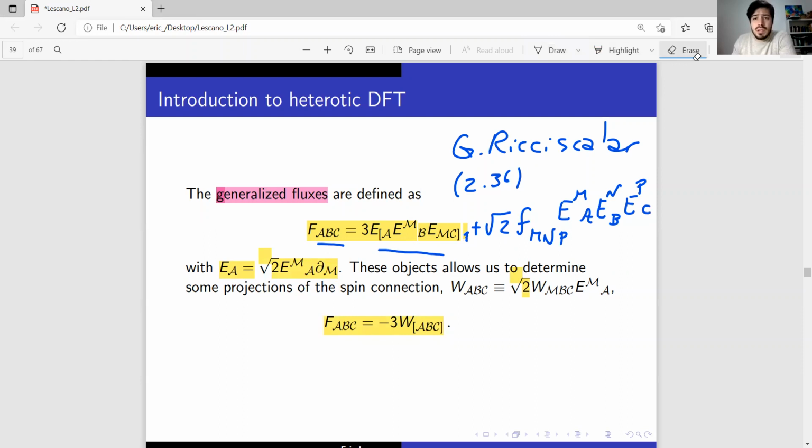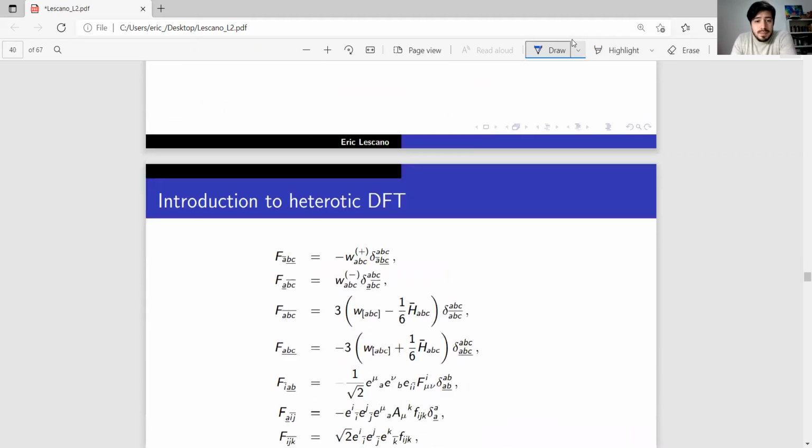This is our definition of the flux with a plus over here. Okay, and we can match all these objects. With all these objects we can identify the generalized spin connection if we want, the spin connection of double field theory. Okay, so let's move on.